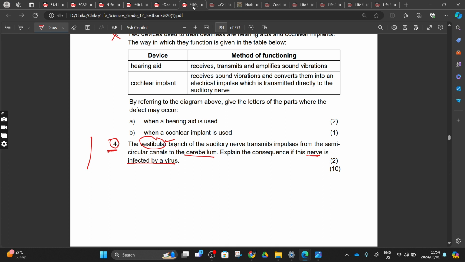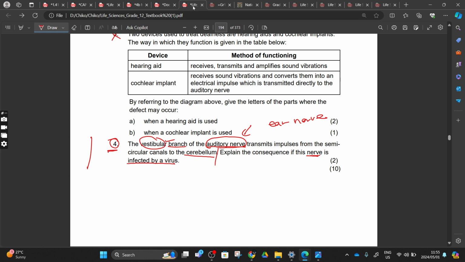And another thing that I was talking about yesterday, I said, and our auditory nerve, right? Here they say the vestibular branch of the auditory nerve. This is the branch of the auditory nerve. From our textbook and our study guide, I found that they are referring to our ear nerve as an auditory nerve, right? Without correcting them. You know that yesterday I was saying that another name of auditory nerve is cochlear nerve.